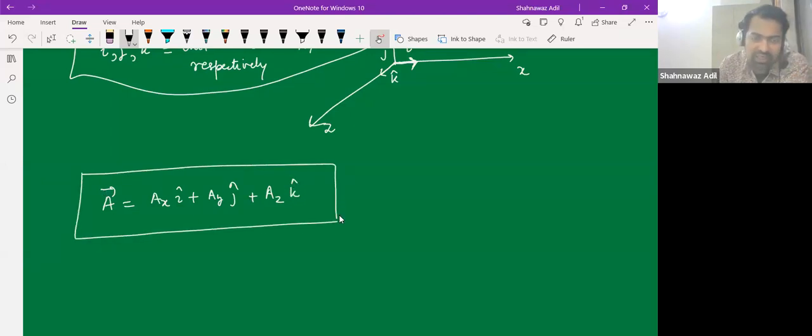So we can write any vector in the form of I, J, and K. Is this part clear?